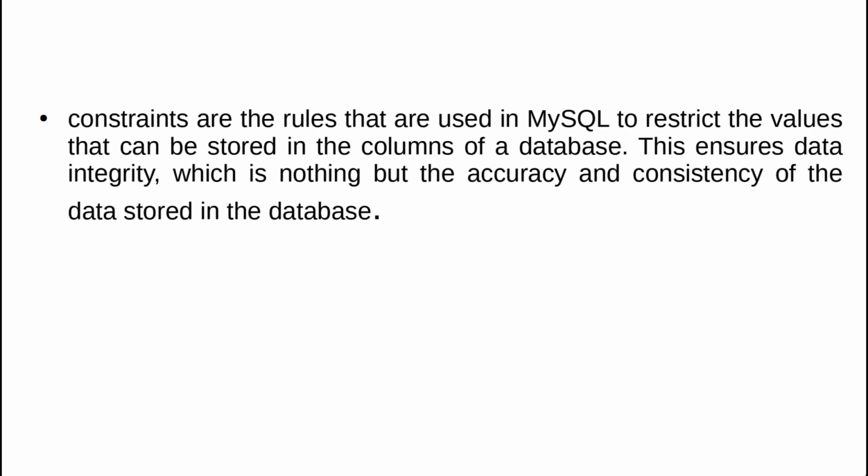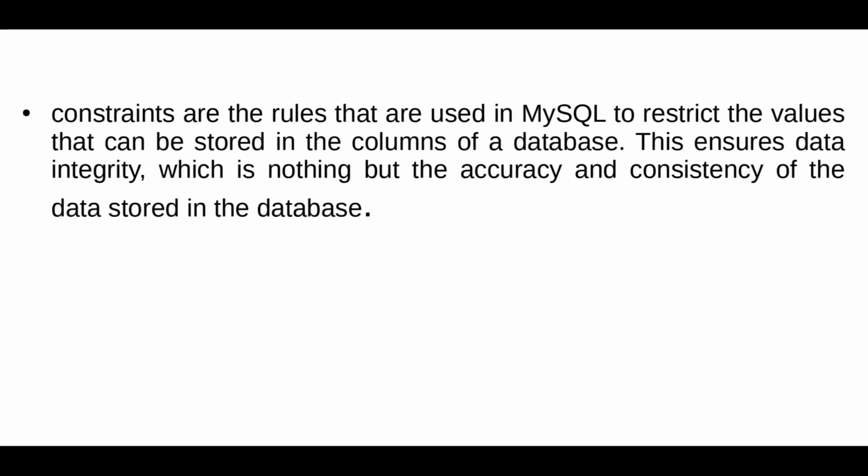Constraints are the rules that are used in MySQL to restrict the values that can be stored in the columns of a database. This ensures data integrity, which is nothing but the accuracy and consistency of the data stored in the database.